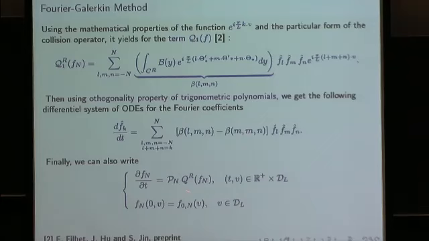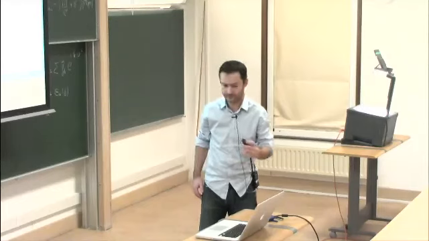Here capital Pn is a projection operator on the set of trigonometric polynomials of degree capital N. And finally, you can write the numerical method at a continuous level, solving this equation here. So there are mainly 3 steps: approximation of the initial data, truncation of the collisional operator, and projection.